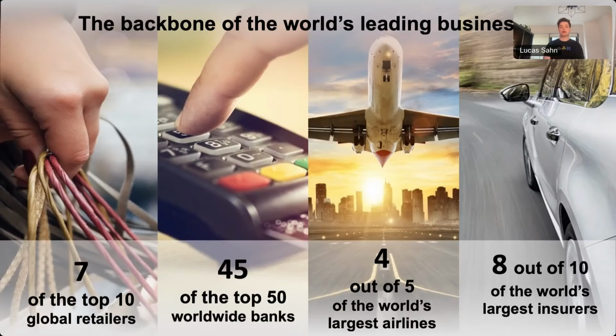So we think of 7 of the top 10 largest global retailers, 90% of the biggest banks in the world, 90% of the biggest airlines in the world, and 80% of the biggest insurance agents in the world, all powered by these IBM Z machines. So what that means for you is that each time you swipe your credit card, pull cash out of an ATM, book a flight, file an insurance claim, you are interacting with a mainframe somewhere. So while very few of you, or maybe none of you, had ever heard of a mainframe before, in actuality, you're interacting with these systems more often than not multiple times a day.